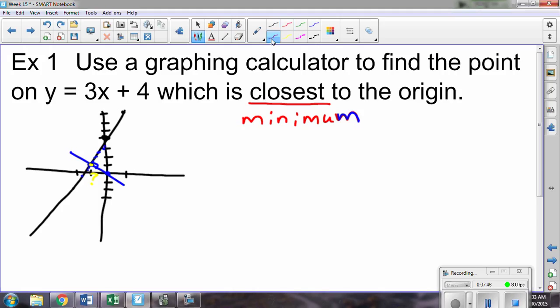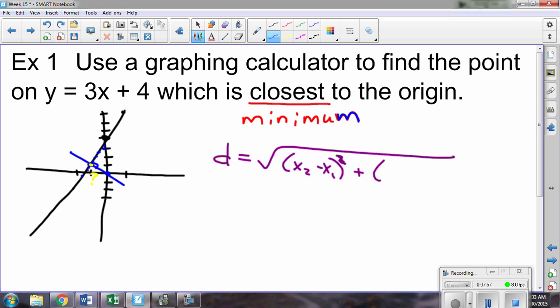Well, why not use, if we want to know distance, we'll use the distance formula. The only thing that we have to figure out is what do we type in? Okay, so what are the x and y coordinates that we're looking for? Well, we're looking for this point, x, y. So we can put those into our formula. Distance.